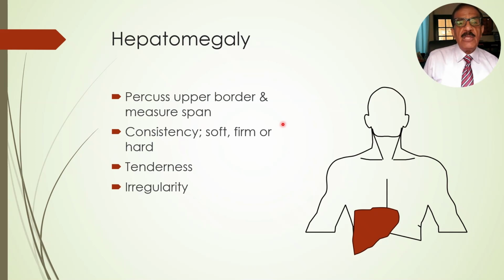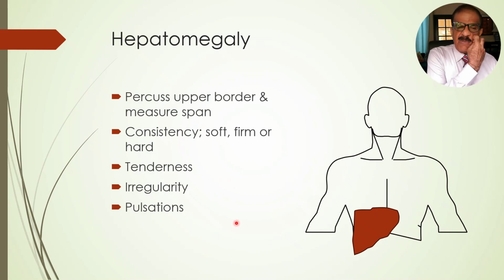Irregularity. Normally the lower border is very, very smooth. There is a slight notch-like effect between the left and right lobe, but you don't see that irregularity. If the lower border is clearly irregular, it could indicate cirrhosis or it could indicate metastasis. Then pulsation.